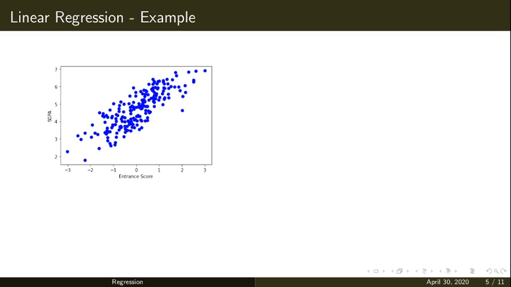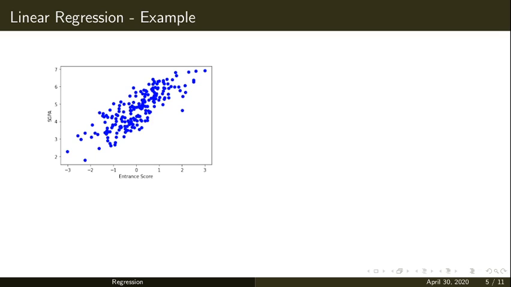Entrance score, in this case I have plotted it in the normalized scale, with the score in the x-axis and SGPA in the y-axis. So you can see that there is a positive correlation again between entrance score and SGPA.